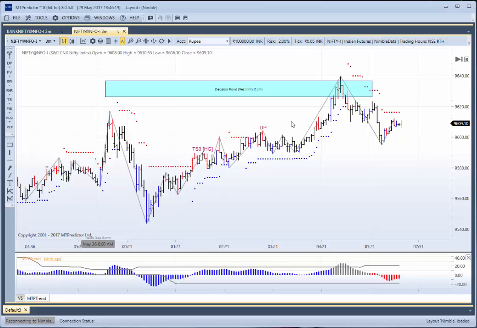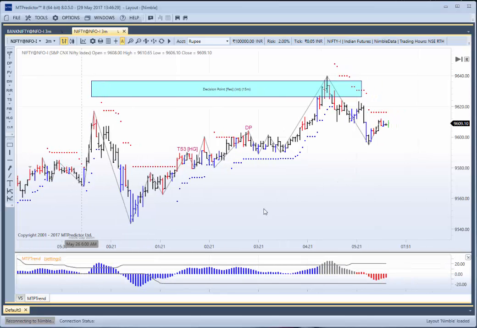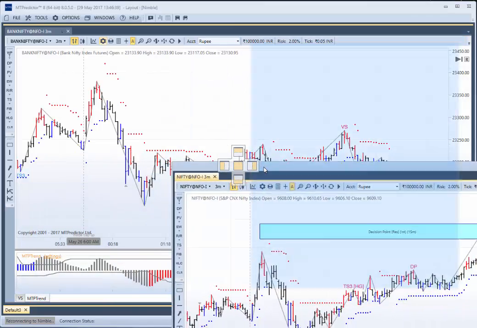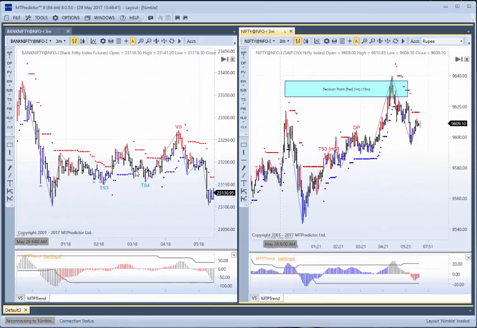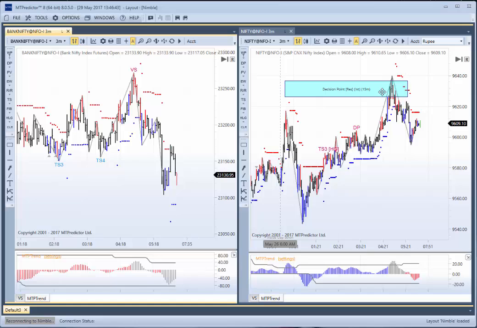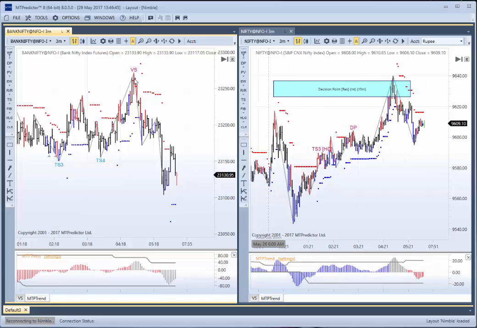As the market was rallying up, you'd have gone to the 15-minute chart, put that 15-minute DP on, and that would have given you an area of potential resistance even before it got there. That helped, if you were doing any other kind of analysis, to give an area where higher time frame resistance was likely. And if I put the two markets side by side, that high there was pretty much where the Bank Nifty was coming in here as well.